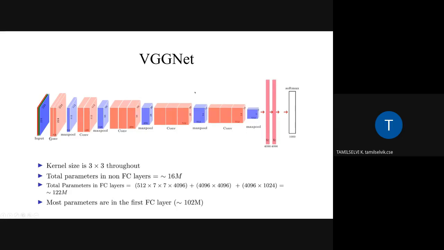For instance, see here, my input is 224 cross 224. Here 64 means what? Throughout, my F is 3. Am I right? My input to this is 224 cross 224, my depth is 3, and now I have used 64 filters.